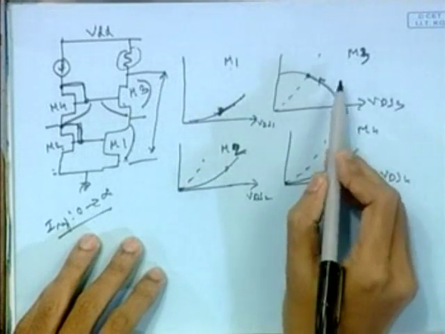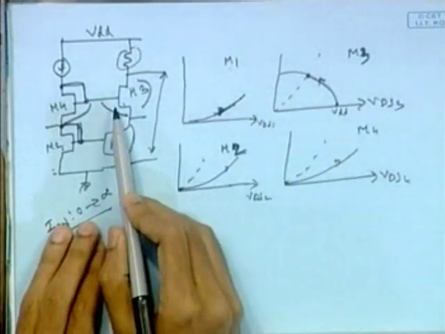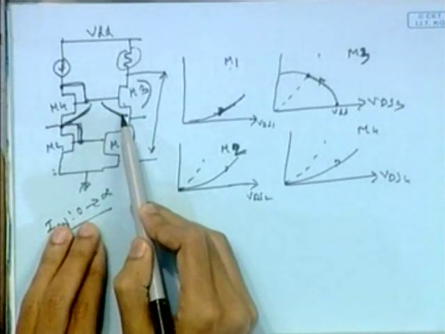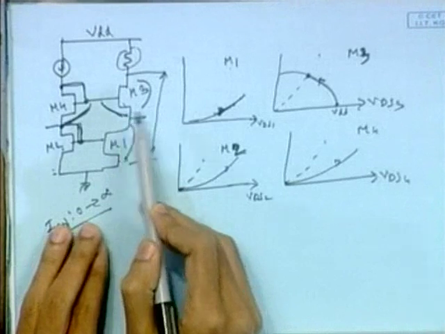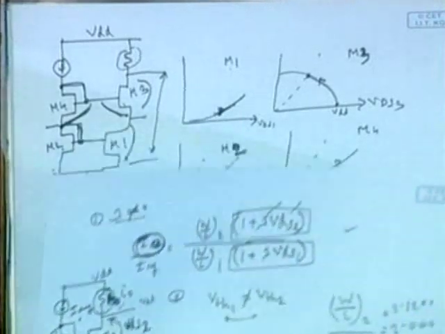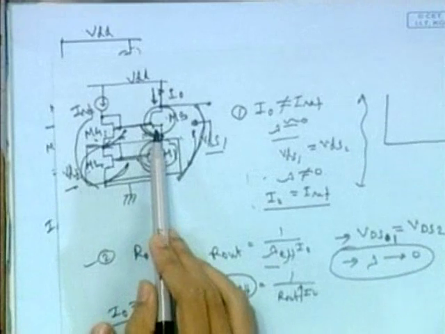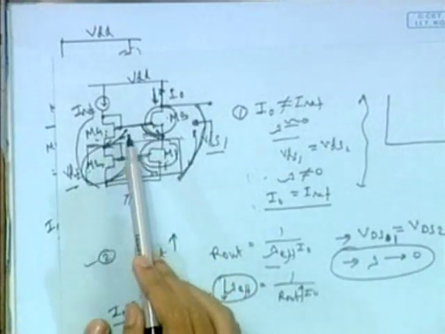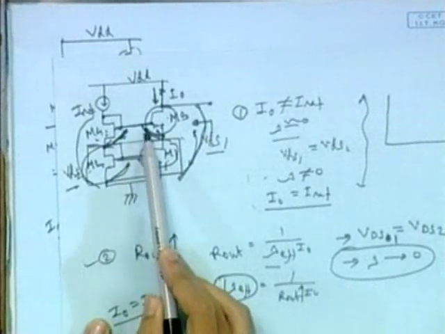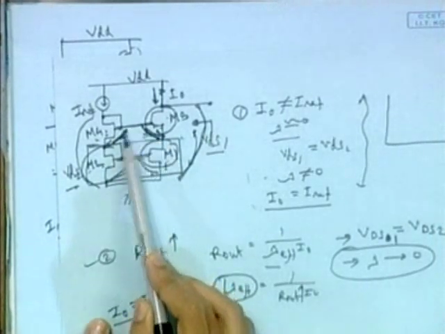Okay, and when it enters the triode zone, this will no longer maintain these two voltages constant, because of the logic we used earlier. We have assumed that M4 and M3 will be operating in the saturation zone. Then only these two VGS will be the same.